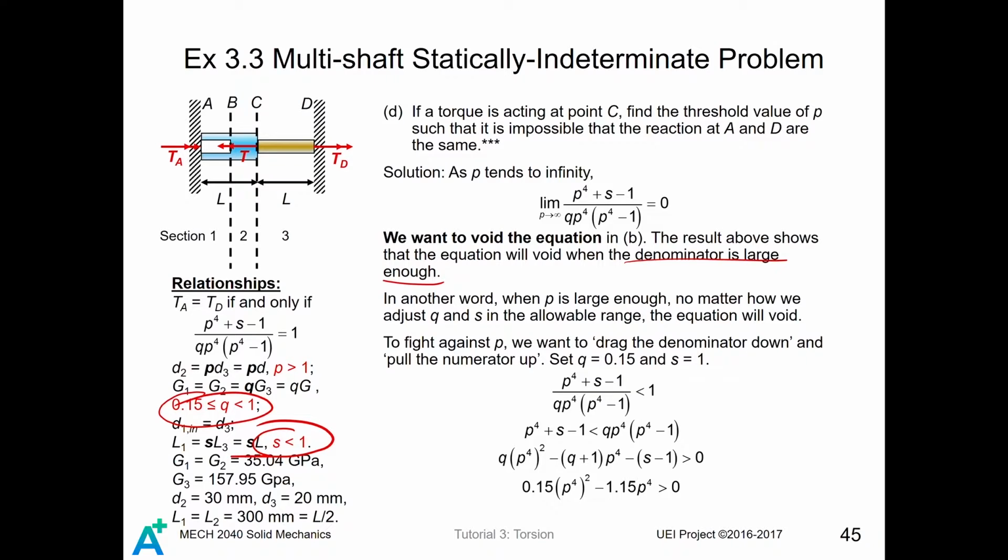To pull the numerator up and drag the denominator down, let's set Q equal to the minimum value, which is 0.15, and S equal to 1.